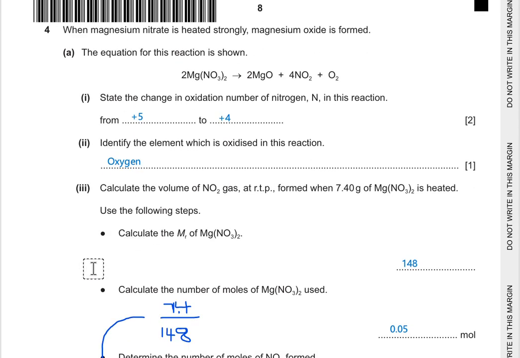When magnesium nitrate is heated strongly, magnesium oxide is formed. This is called thermal decomposition. The equation for this reaction is shown. So state the change in oxidation number of nitrogen in this reaction. So what we do here is look at the Mg oxidation number and the O oxidation number.